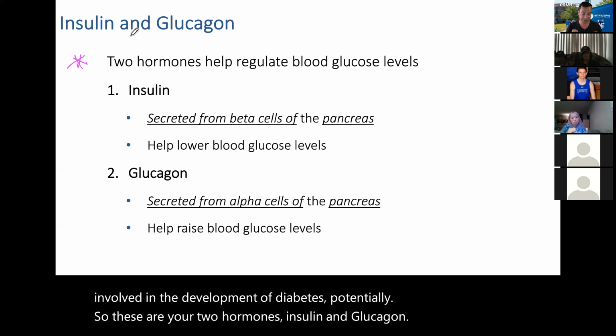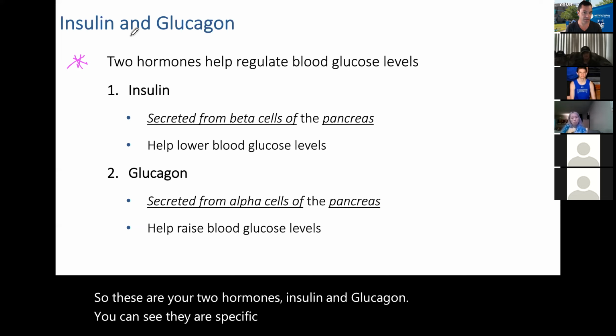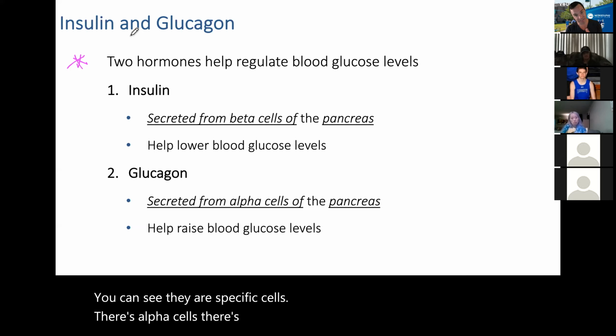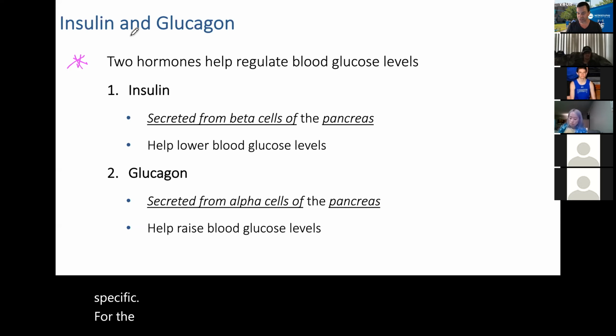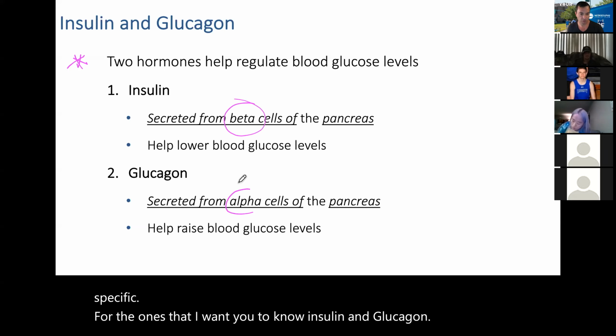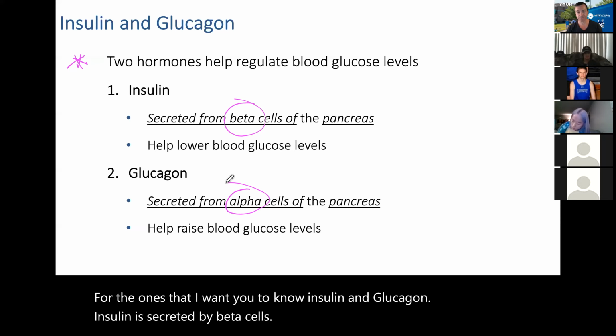You can see they are specific cells, okay? There's alpha cells, there's beta cells, there's delta cells, there's F cells within the pancreas, and all of them secrete something specific. For the ones that I want you to know, insulin and glucagon, insulin is secreted by beta cells of the pancreas.